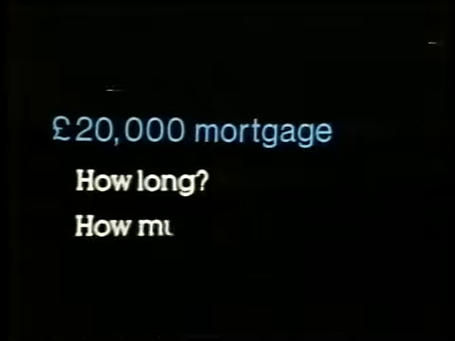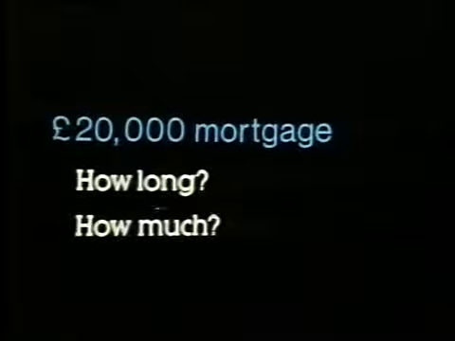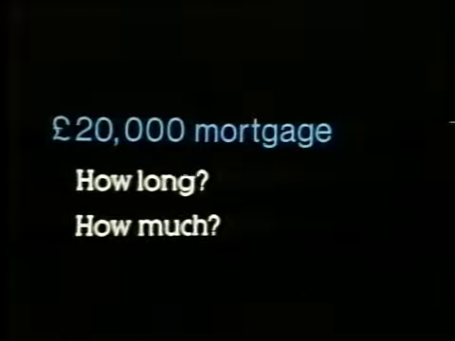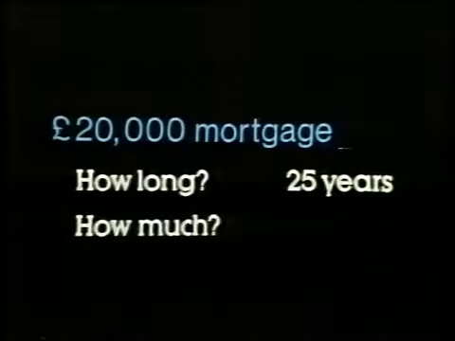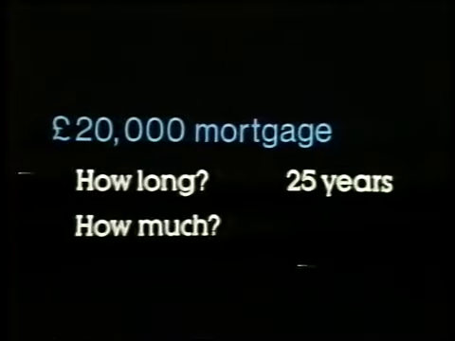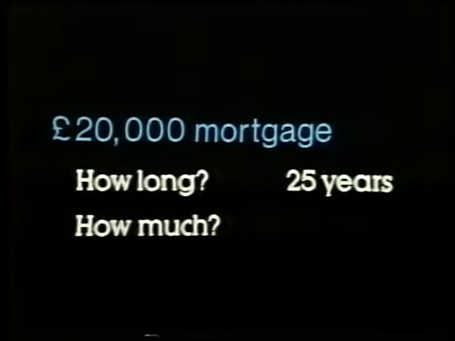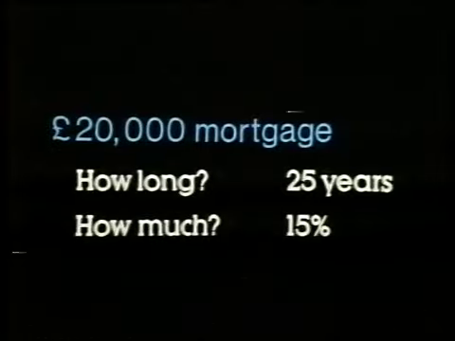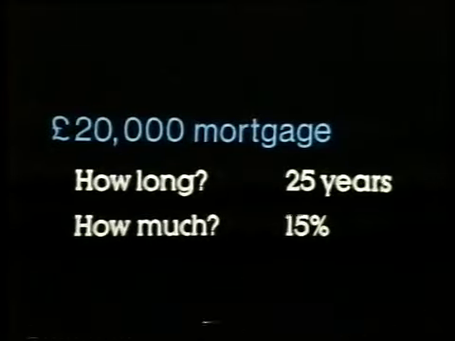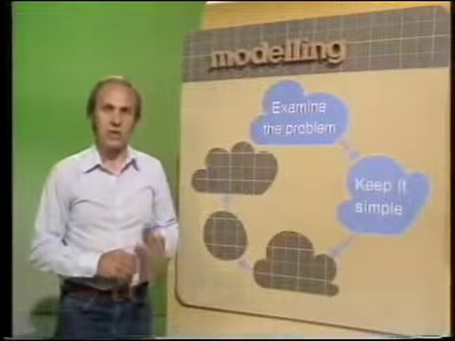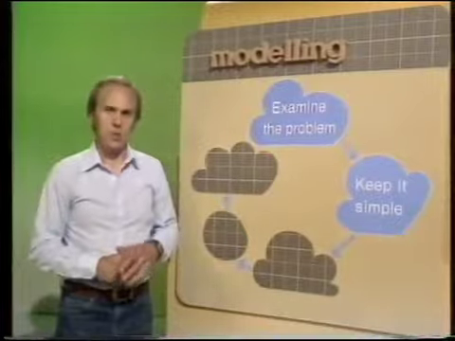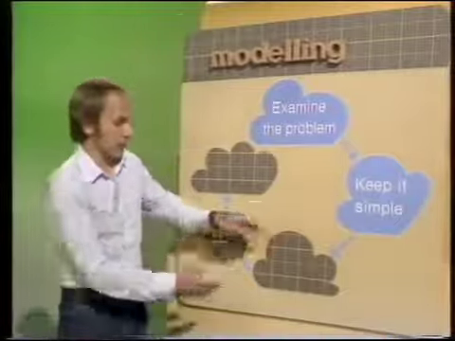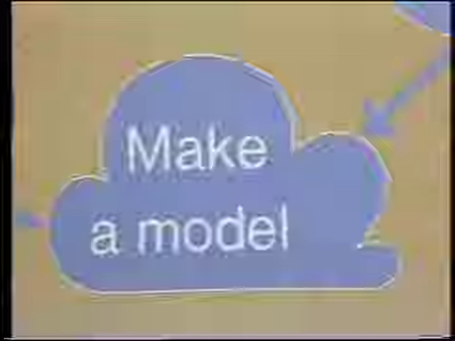Second, how much interest do we have to pay just for the privilege of borrowing? Well, 25 years is a typical length of time to take. And I dare say that in times of rapidly changing interest rates, 15% seems like a bargain. So let's accept these figures, buy the house, and start paying back. Well, to see how much we pay back, we're going to have to build up a mathematical model. And that's where Mick takes over.